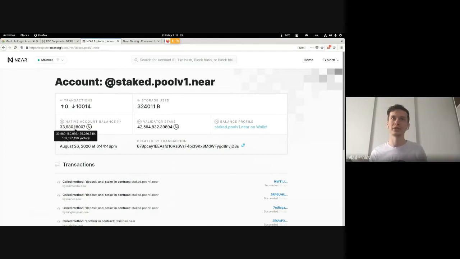These are tokens that this account can potentially send, transfer, or use for attaching to different transactions, which is covered later. And this is a balance which this account cannot immediately use. So this account has 33K Near tokens on the liquid side, while it has 42 million Near tokens on their staking.